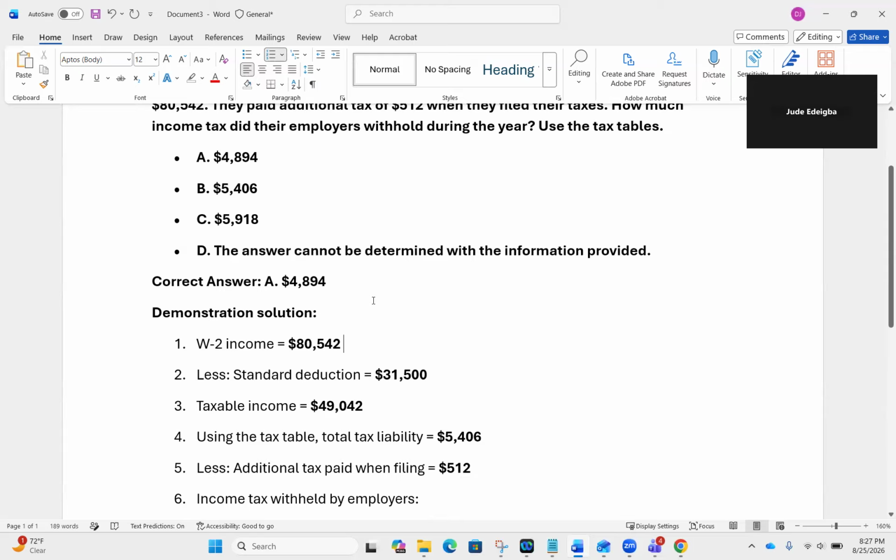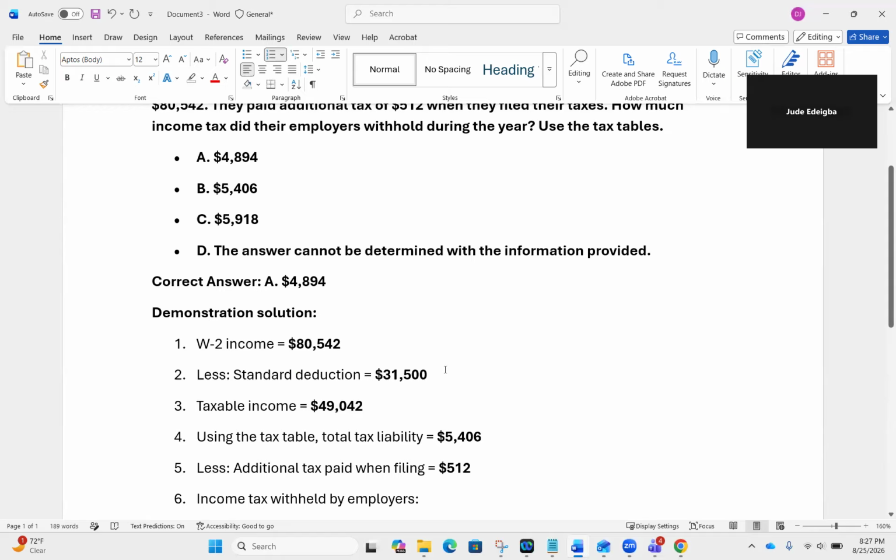So typically, we'll say that this appears to be their AGI, which goes into line 11. Now the next thing you have to do, you less the standard deduction from this amount, and then you come down to what we call the taxable income. So your $80,542 is not your taxable income. Your taxable income is after you less your standard deduction.